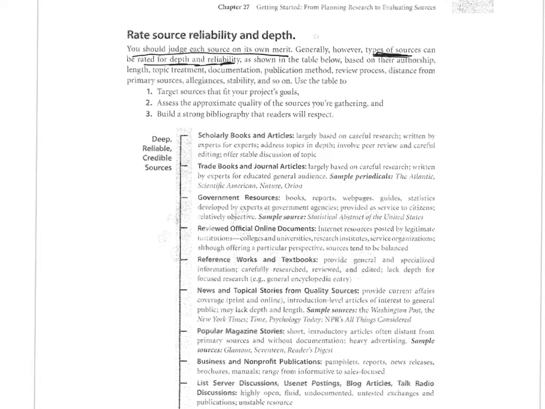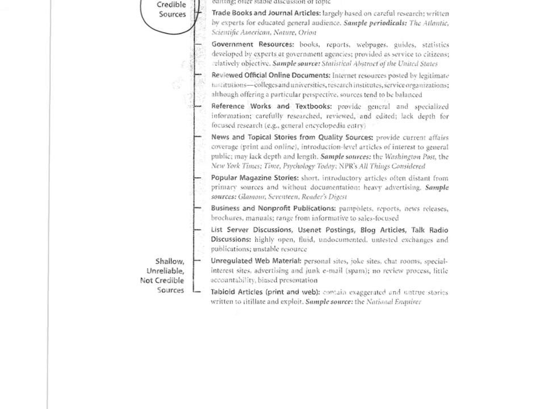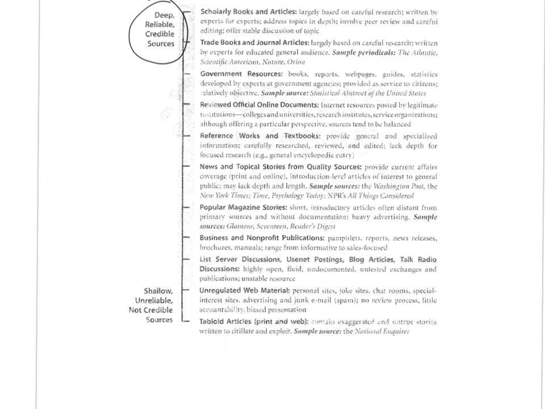So obviously, the best type of source, not necessarily always the most appropriate, but the best type of source for an academic paper is going to be up at the top, where it's deep, reliable, credible sources. And then down the bottom would be the opposite, which is shallow, unreliable, not credible sources.